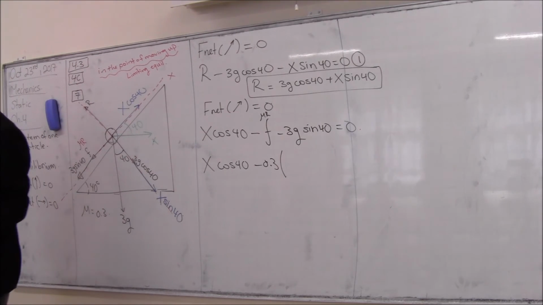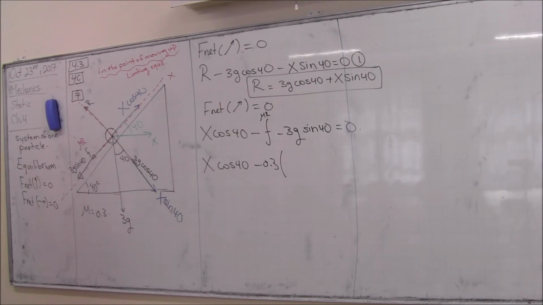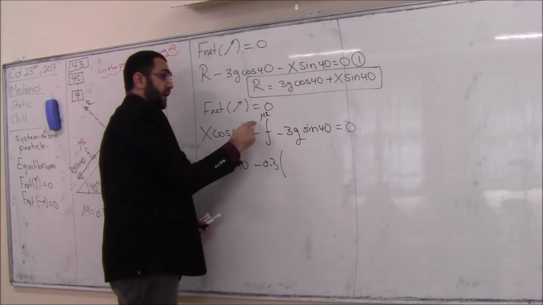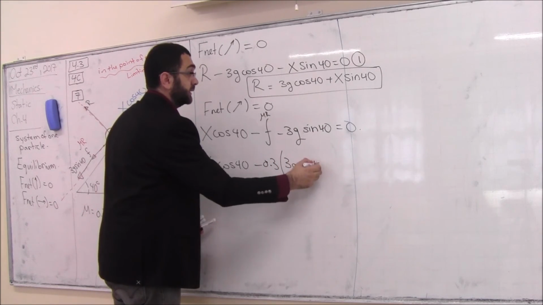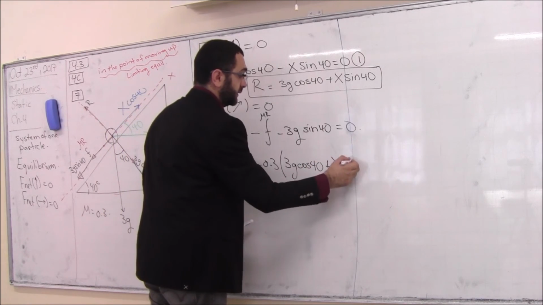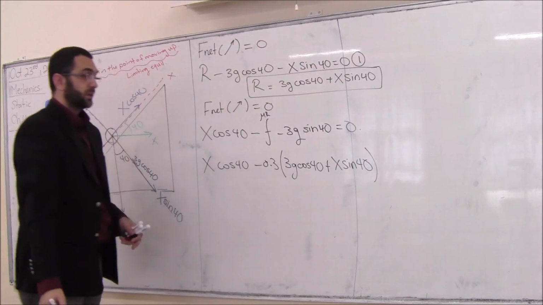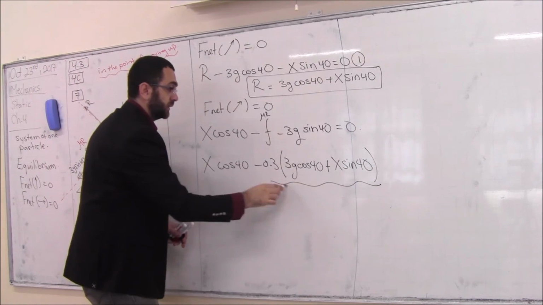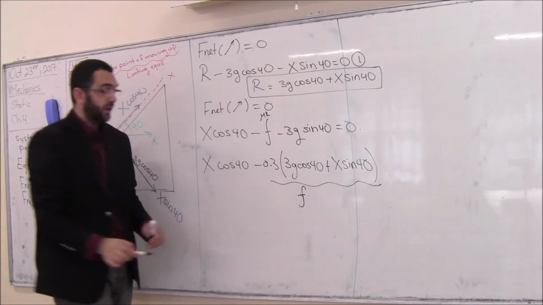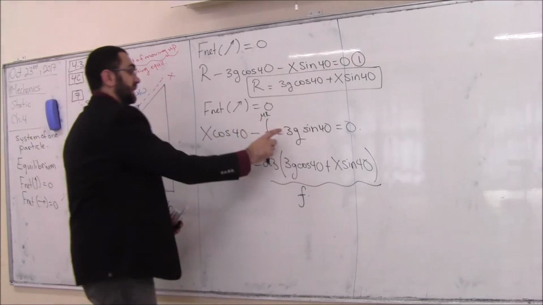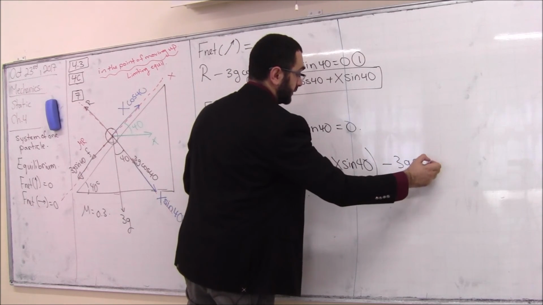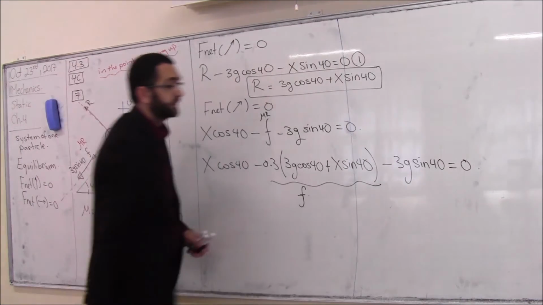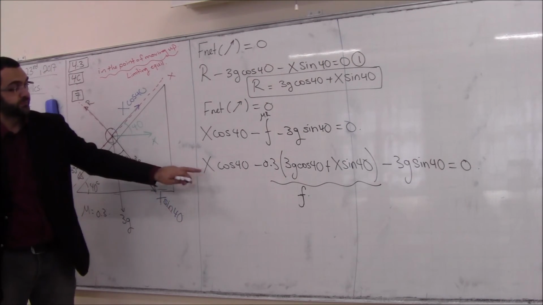Actually, the main difficulty is knowing how to arrange the equations. Friction is mu times R, mu times 3g cosine 40 plus x sine 40. All of this is the friction. We still have minus 3g sine 40 equals 0.